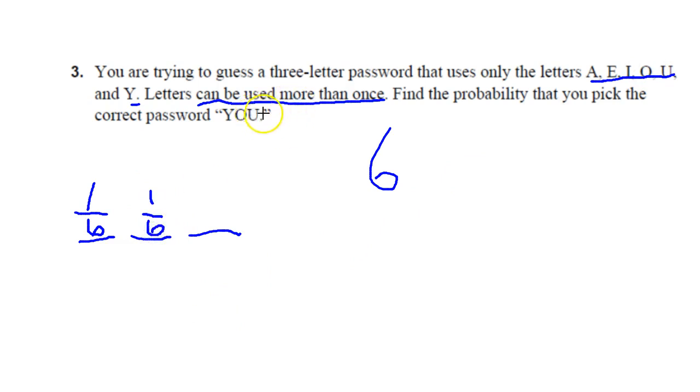And then what's the probability that we choose a U for the last one? Well, there's one U in our sample space, so it's 1 out of the 6 letters. And we're going to multiply those together. 1 times 1 times 1 is 1. And 6 times 6 times 6 is 216. So we have a probability of 1 out of 216 to guess it correctly.